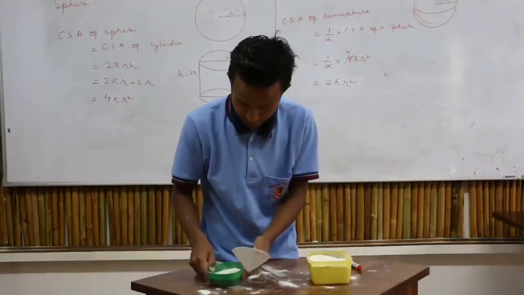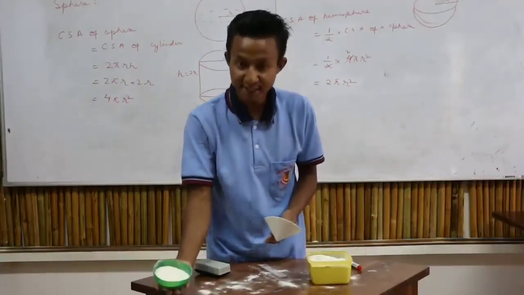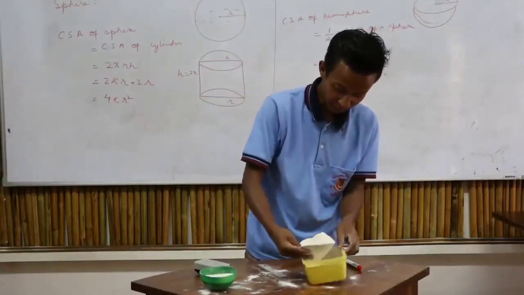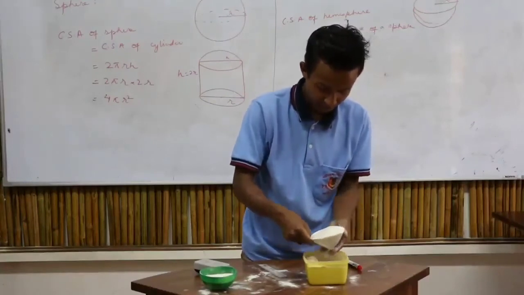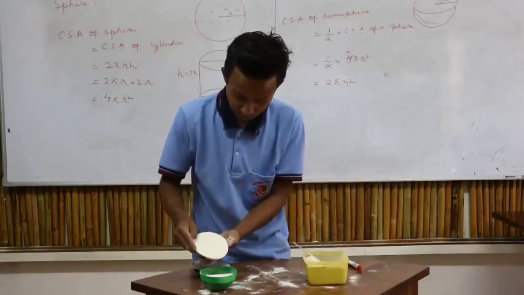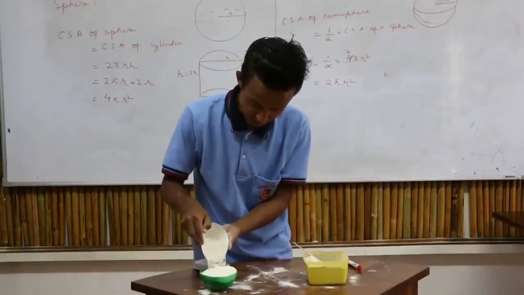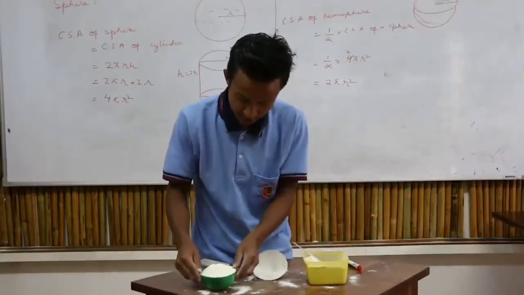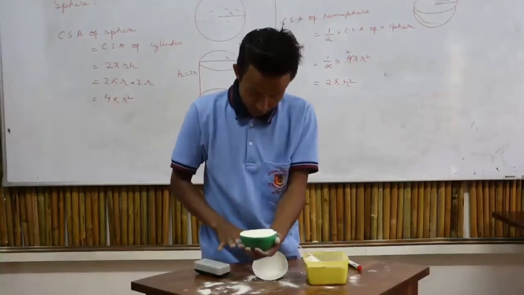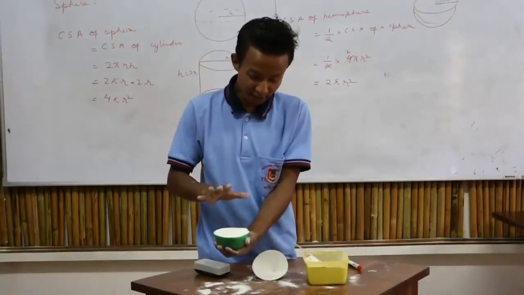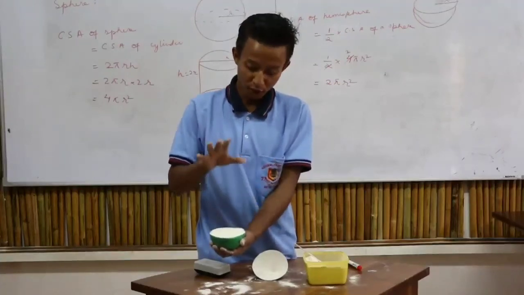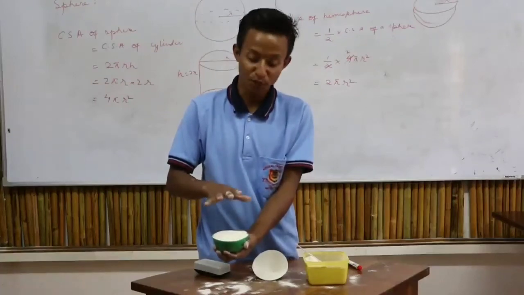This is one, and you can see that the space is still there. So I will add some more powder. And this is 2. And you can see that the space has been occupied. From this activity, we see that 2 volumes of the cone is equal to 1 volume of the hemisphere.